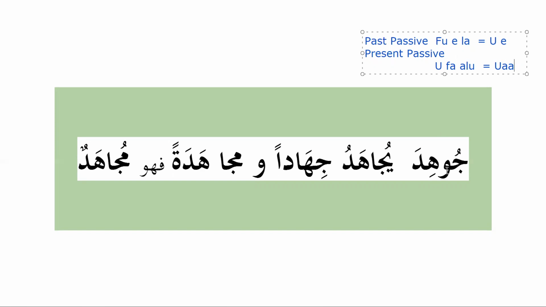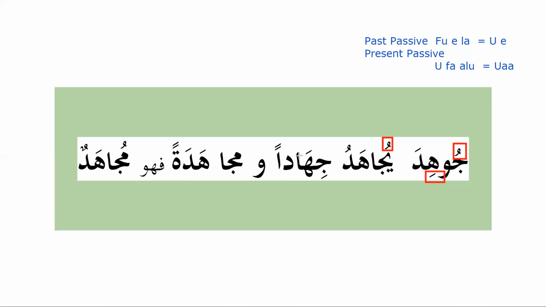So juhida, u e sound. This is the pattern that we are following. Then yujahadu, u a. And dhamma at the end of the fi'l mudare is always there in regular marfu form.